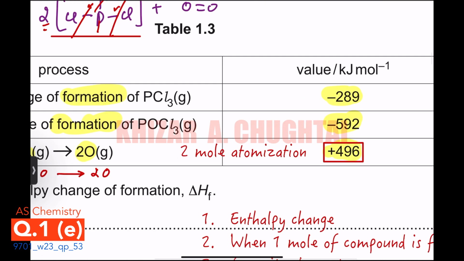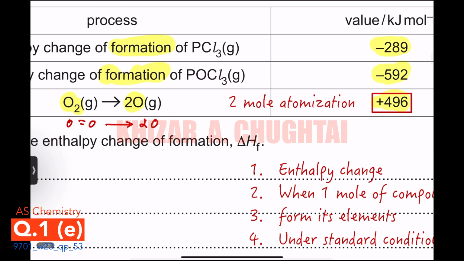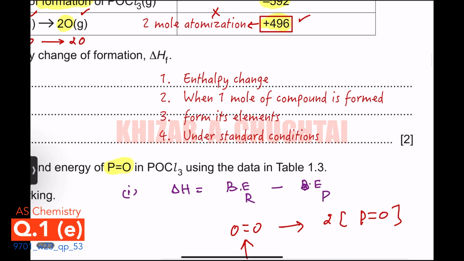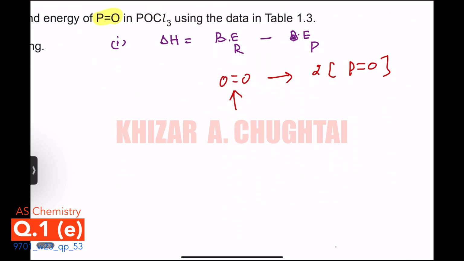So this value can also be known as 2 mole of atomization, and its value is also the bond energy of oxygen, because there is no change in the physical state before and after the chemical reaction. So bond energy can be equal to enthalpy of atomization. But I no more need this enthalpy of atomization. I'm going to use this bond energy, that is 496.